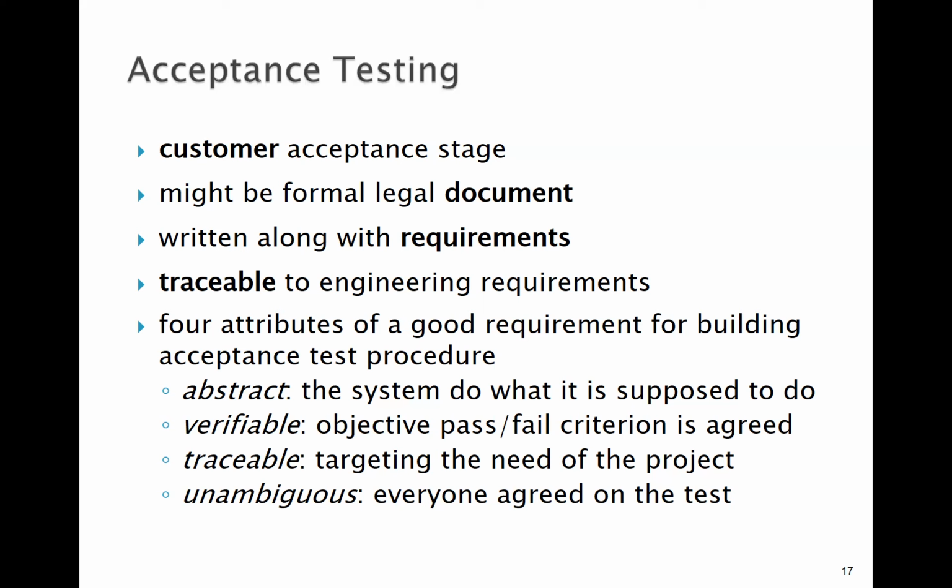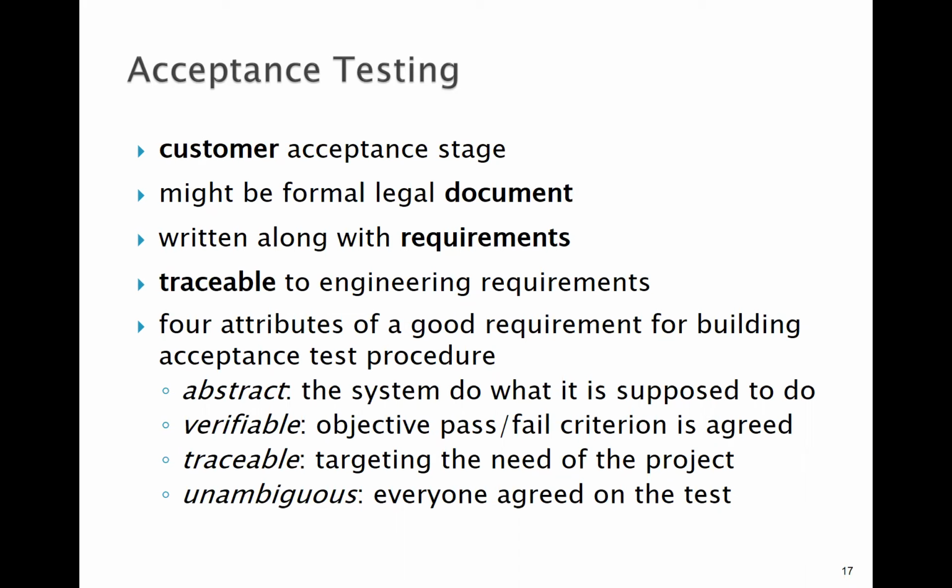And when we say requirement, we have to think about the core attributes of a good requirement: abstract, verifiable, traceable, and unambiguous. So at the acceptance testing stage, the testing should be defined such that all these 4 attributes are met.